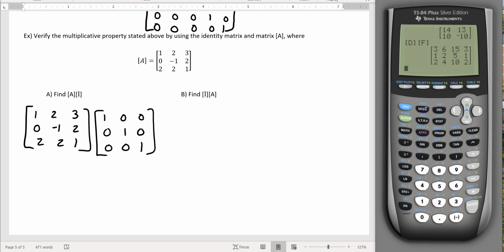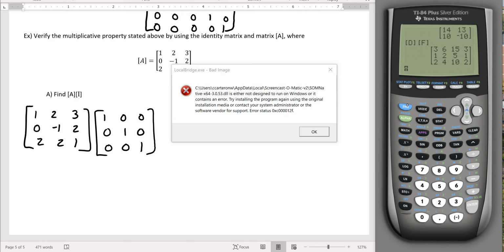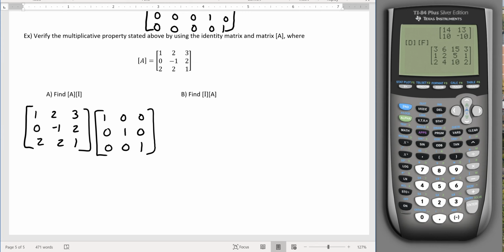Enter. Second quit. Sorry about that. So now we need to change matrix A here. So second matrix, oh, wrong button. Second matrix A is going to change.